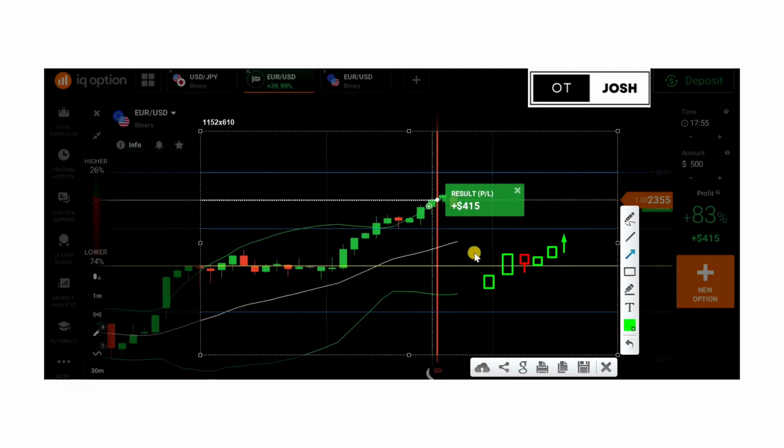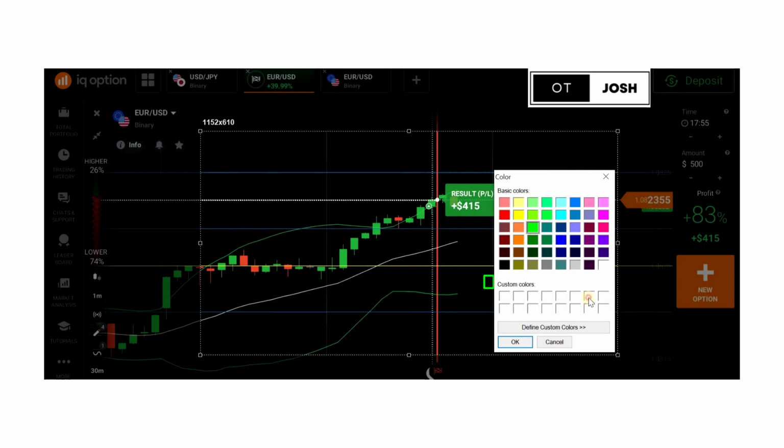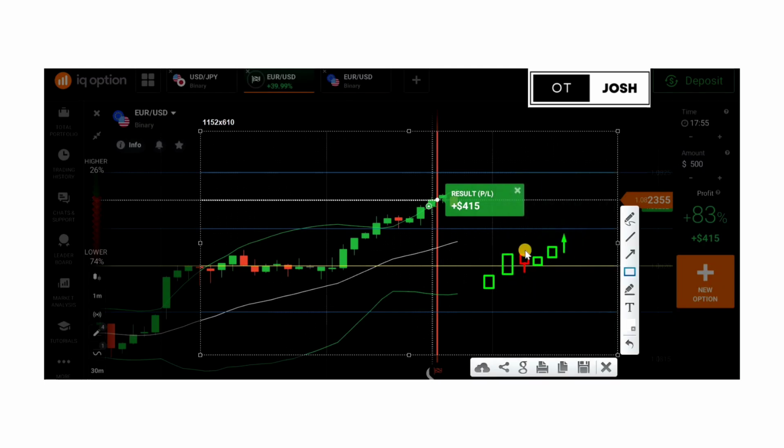Now I want to tell you something. If I did not see these candlesticks, if I saw only these two candlesticks, what are the possibilities that the market will go up? The possibilities will be less.